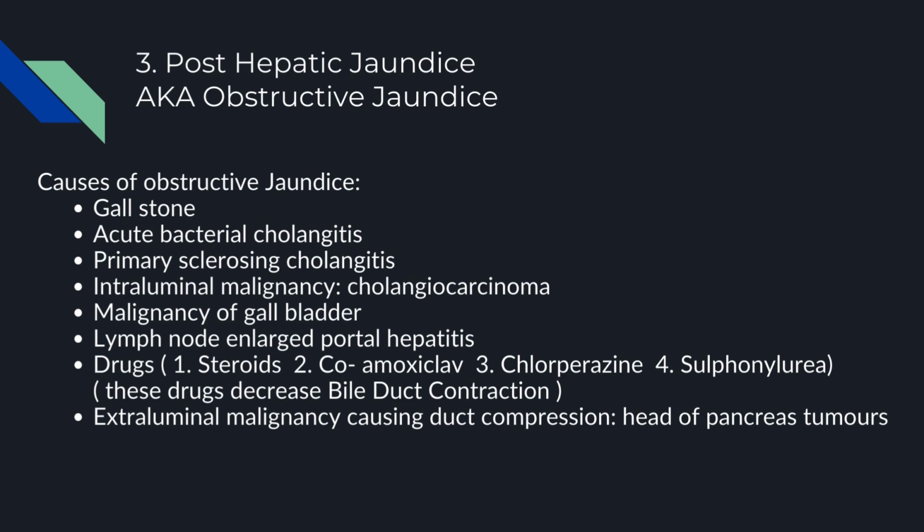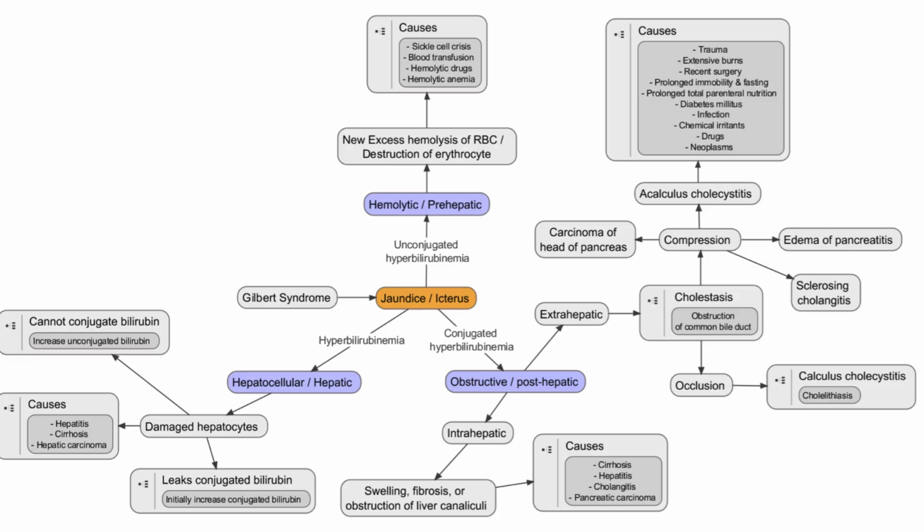Drugs: 1. Steroids. 2. Co-amoxiclav. 3. Chlorpromazine. 4. Sulfonylurea. These drugs decrease bile duct contraction. Also extraluminal malignancy causing duct compression, head of pancreas tumors. The following flowchart attempts to explain the mechanism and causes of all 3 types of jaundice.